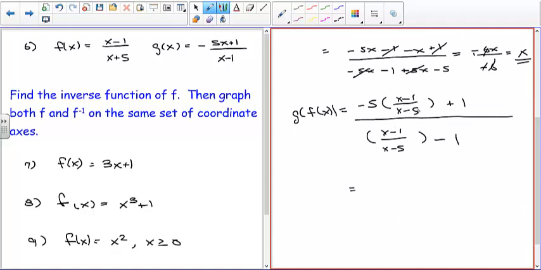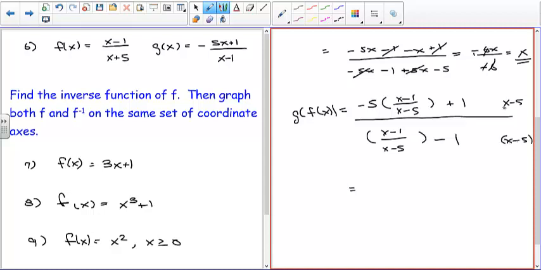So again, I'm going to create a common denominator. So I'm going to multiply this by x minus 5, and this by x minus 5.